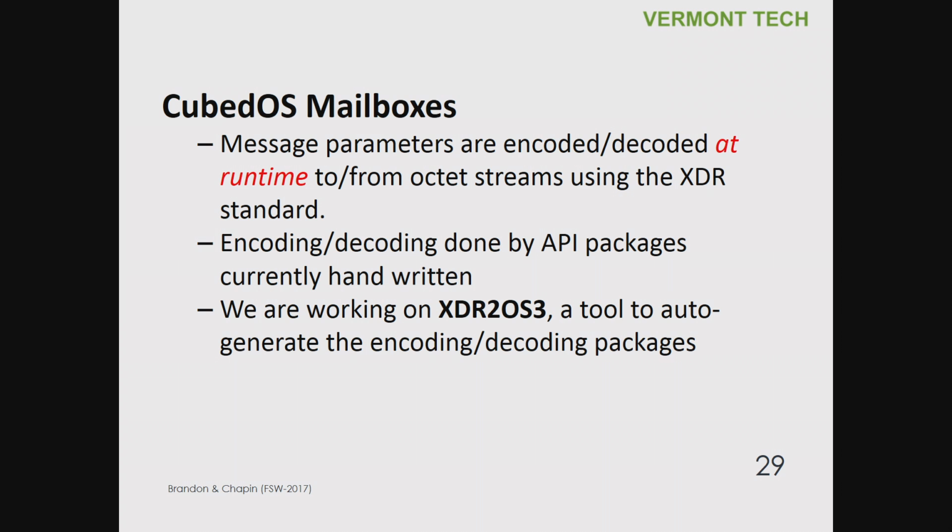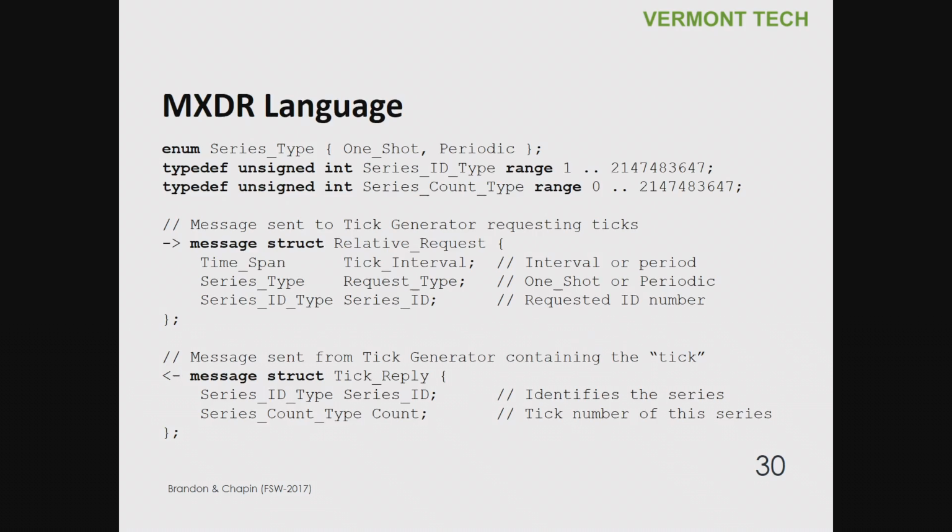Because we're doing message passing, the parameters have to be serialized and deserialized for each message, so we write these encoding and decoding subprograms for that, which an earlier slide was a sample of. That's a pain. So I have one of my students working on a tool, we call it XDR to OS3, which auto-generates these encoding and decoding packages.